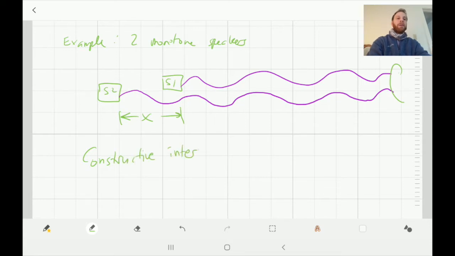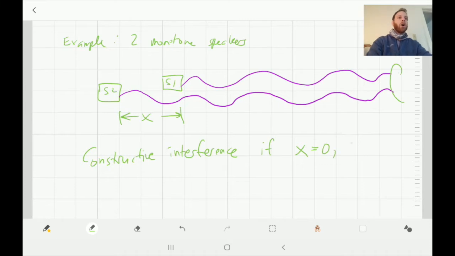And if you think about it, I can even bring speaker 2 back even farther, so long as the path distance difference between them is equal to 0, then of course you'll get constructive interference.